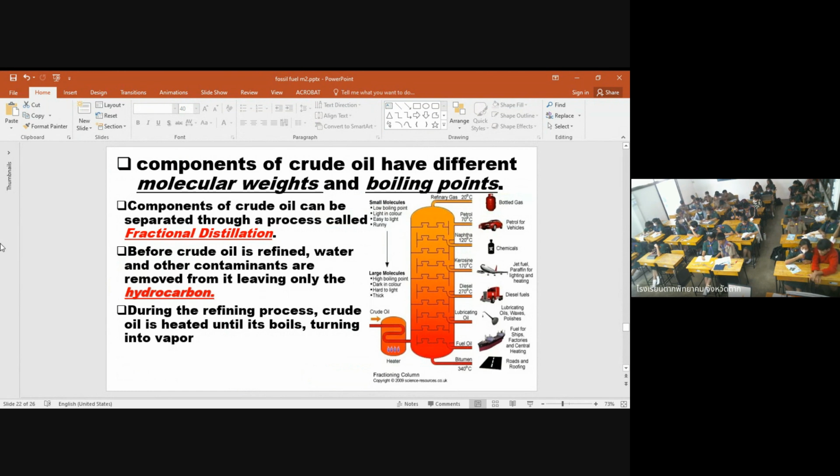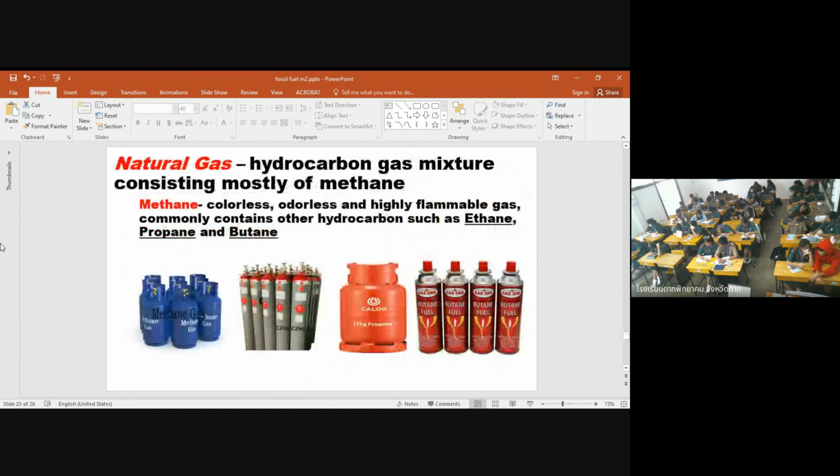Your diesel is 270 degrees Celsius. Your lubricating oil, and your bitumen is 340 degrees Celsius. So this is the example of fractional distillation.